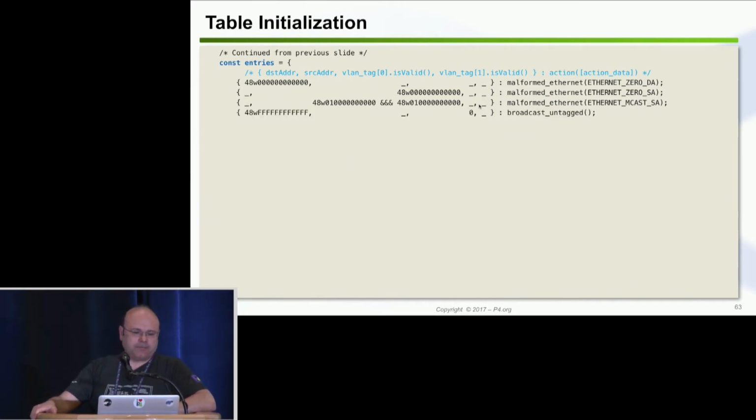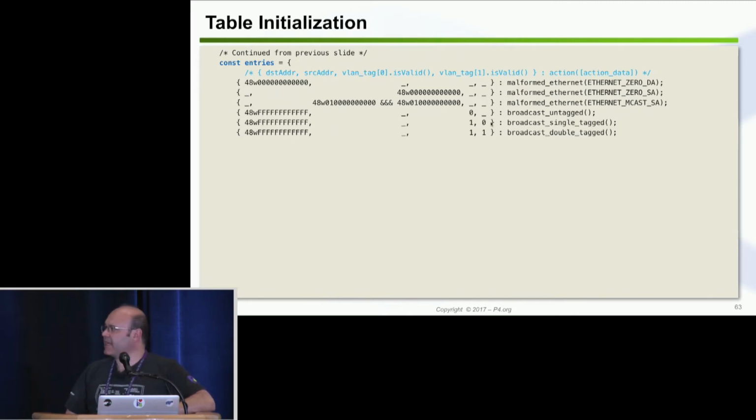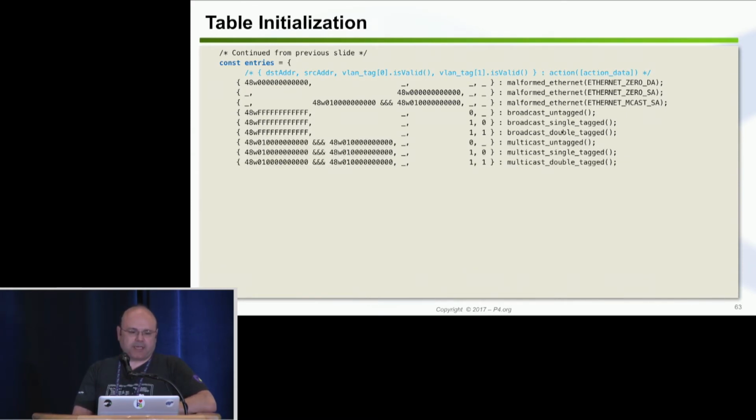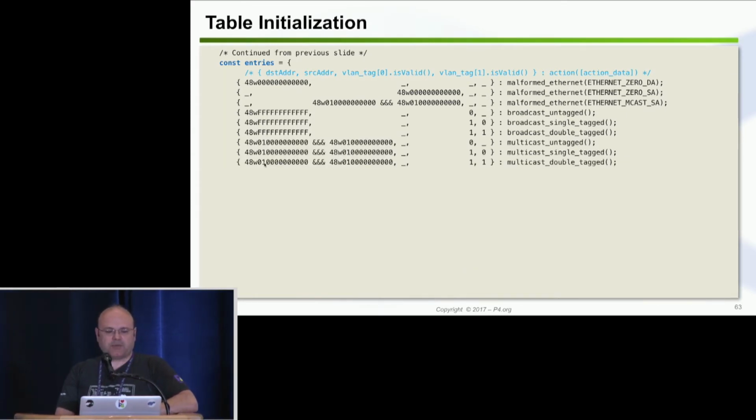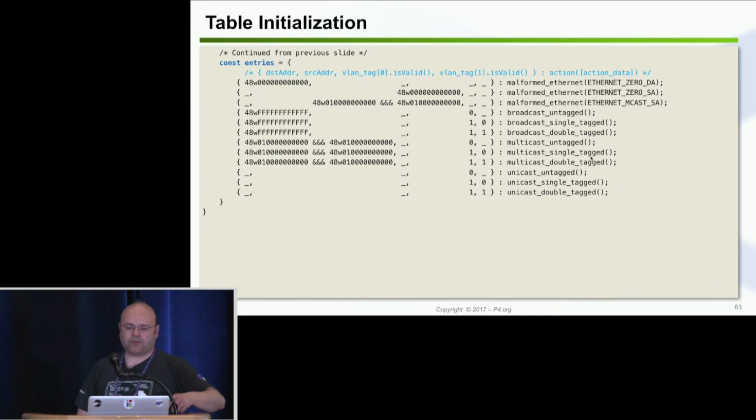If the destination address is a broadcast and VLAN tag 0 is not valid, it doesn't really matter, because VLAN tag 1 probably is not valid either. So it's an untagged broadcast packet, and you can subsequently have the definition for single and double tagged broadcast packets. Then we can say, well, if just bit 40 is 1, then this is an untagged, single tagged, or double tagged multicast packet, and so on you can do for unicast.